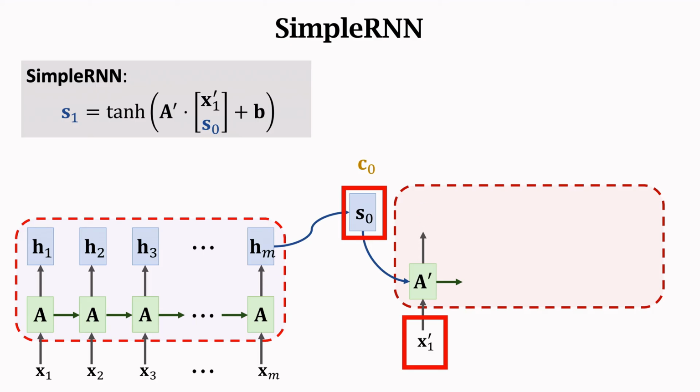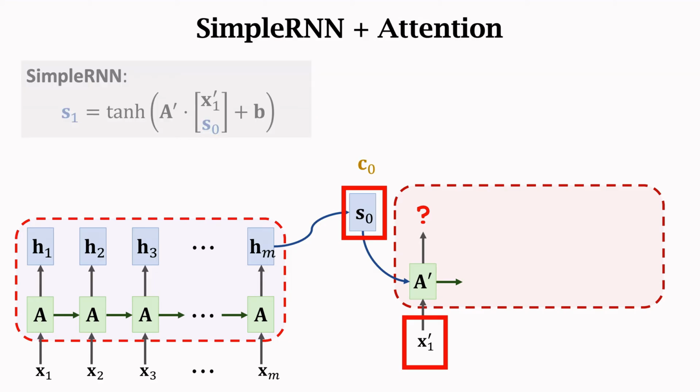The new state S1 depends on x'1 and S0. In the update of SimpleRNN, the decoder does not look at the encoder. The decoder's new state S1 is entirely determined by its previous state S0 and the new input x'1. If S0 forgot some information about the encoder's input sequence, then the translation will be wrong.